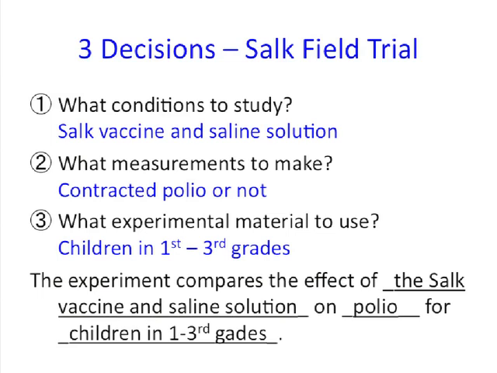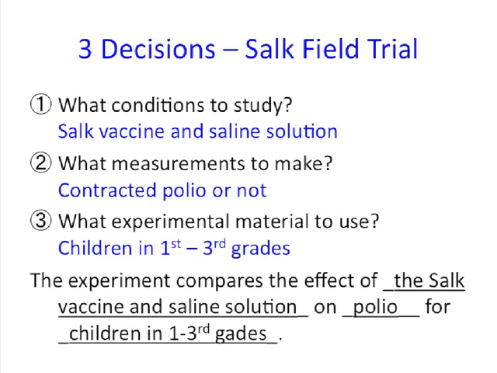What were the measurements to make? In this particular case, it was whether the diagnosing doctor said that the unit had contracted polio or not. So it was sort of a yes-no, polio or not. So again, putting our data hats on and thinking about what kind of data is being collected on every unit, it's whether or not they contracted polio.